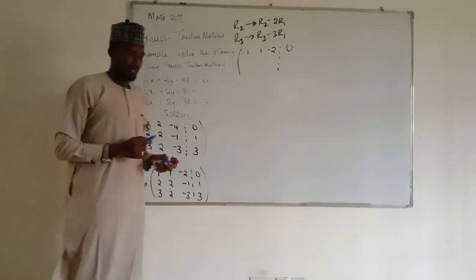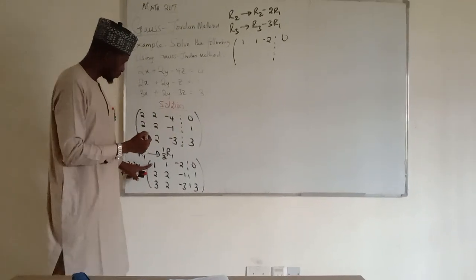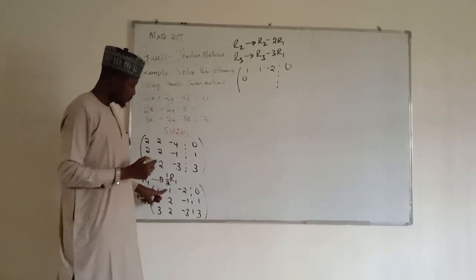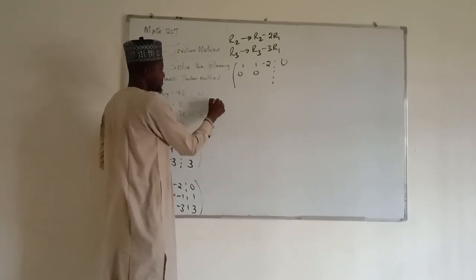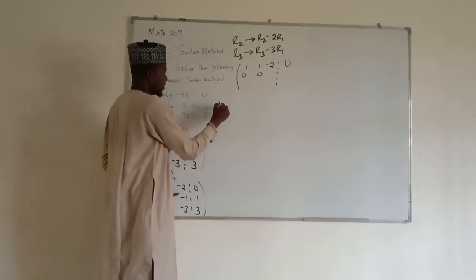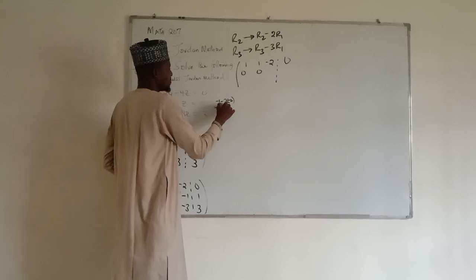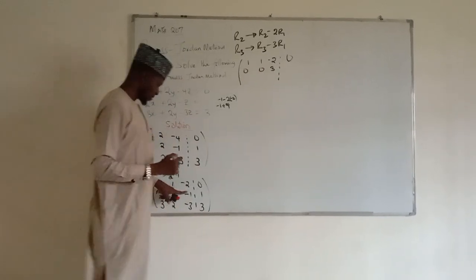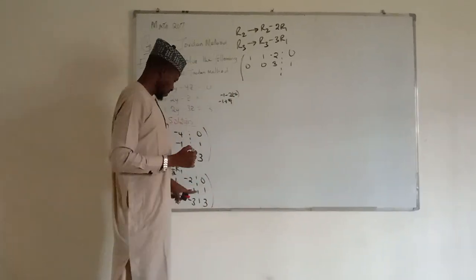So already we have our 1, 1, minus 2, 0. Are we all together? Then this is going to be 2 minus 2 times 1, which is 0. Again 2 minus 2 times 1, which is 0. And this is going to be minus 1 minus 2 times minus 2, so minus 1 plus 4, which is 3. And this is 1 minus 0, which is 1.